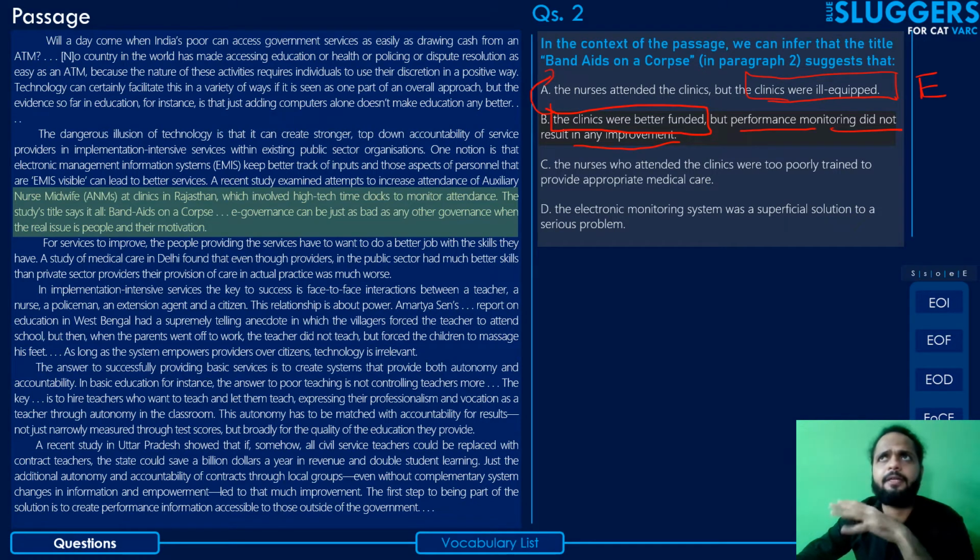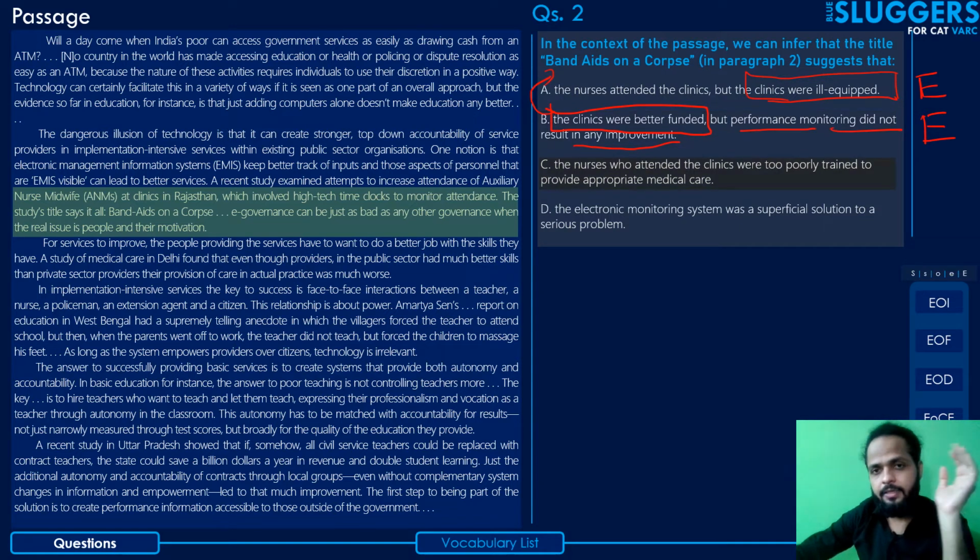The clinics were better funded, so how can that be Band-Aid on a corpse? So they were better funded, so that was Band-Aid? No, it really requires a huge stretch of imagination and a lot of assumptions here, and anyways this is not given anywhere in the passage. So the earlier part, the better funded part, is not supported. The later part is something that we can agree with, but the complete option has to be correct for us not to eliminate it, right? So we are going to eliminate this.